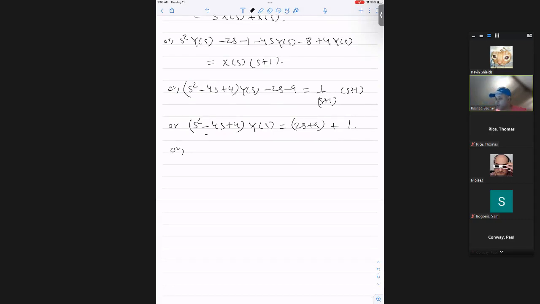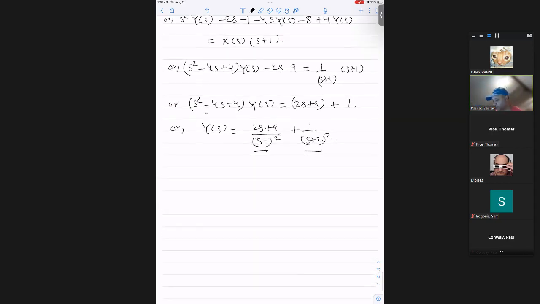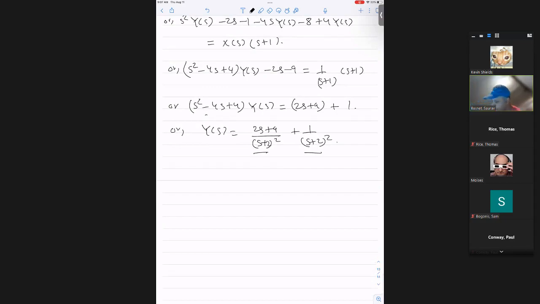Okay, so y(s) equals 2s plus 9 over (s plus 2) squared, plus 1 by (s plus 2) squared. So zero input, zero state. Can we solve this? Yes, we can.